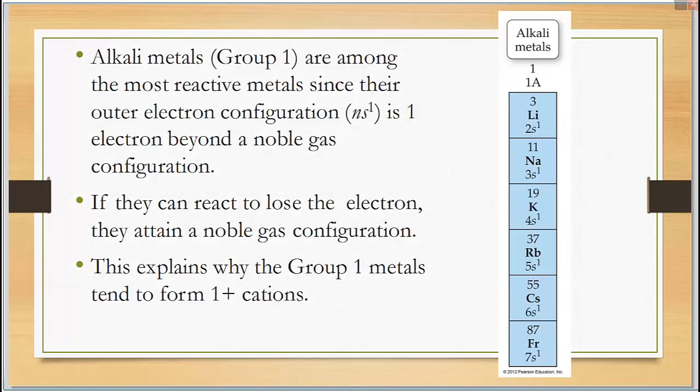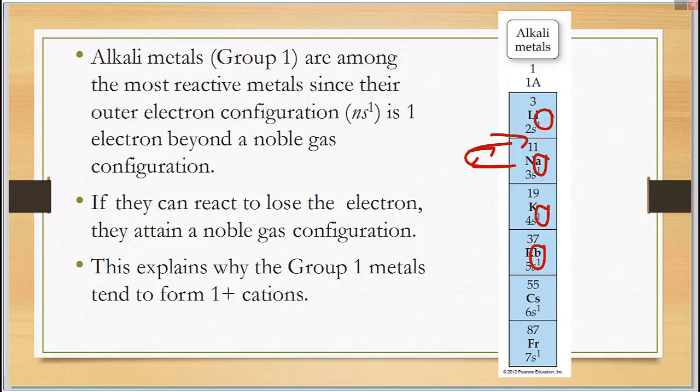So let's look at the alkali metals. That's in the very first row. They're among the most reactive since their electron configuration is ns1. They all have 1 electron in the valence shell. If they lose that 1 electron, they can go to the other side of the periodic table and be like the noble gases.